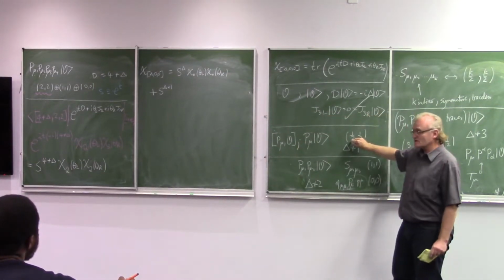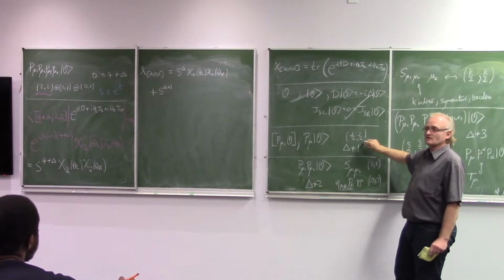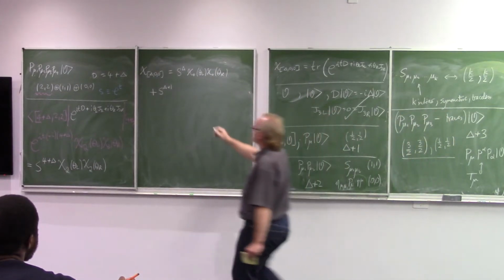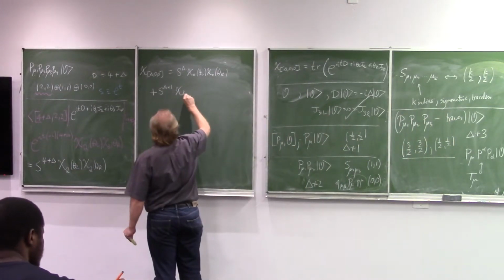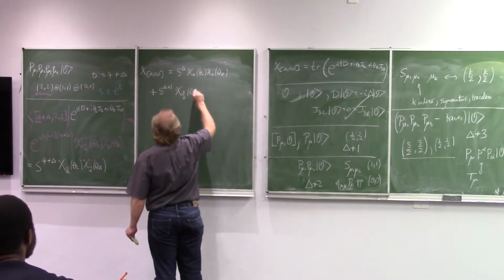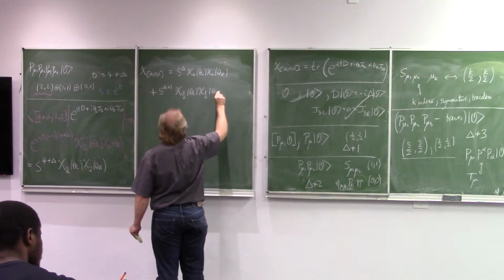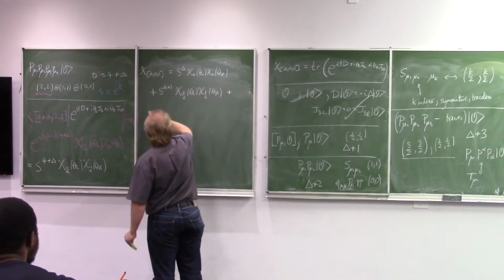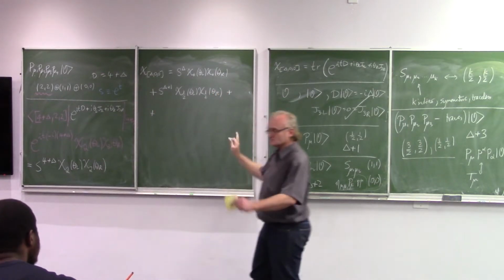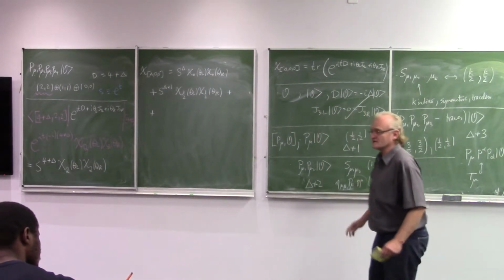The left spin is 1/2, the right spin is 1/2. Chi 1/2 theta left, chi 1/2 theta right. Plus, we'll write down a few more terms because then we'll be able to guess the formula. Okay?